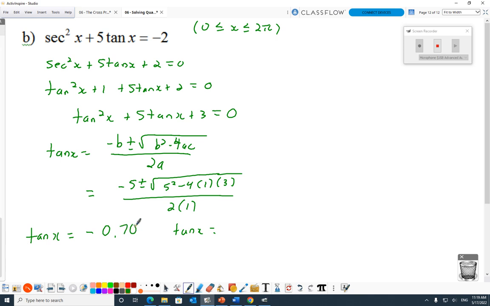And then I go back and change that plus to a minus, and I get negative 4.30. And if you don't like special triangles, this is good news, because neither of those are on special triangles.